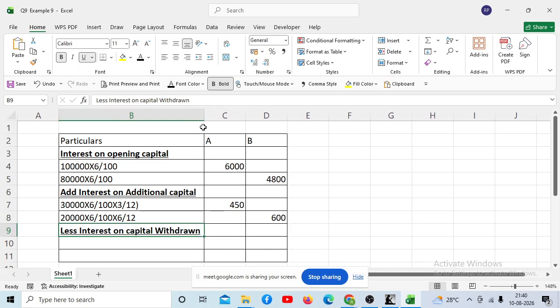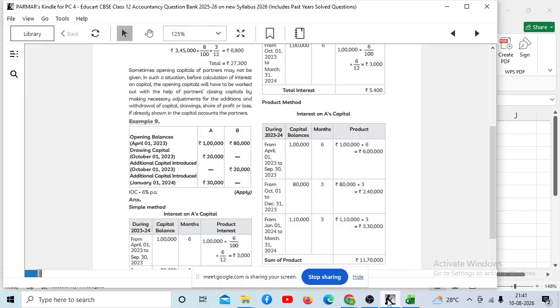So just give the heading first: less interest on capital withdrawn. Done. Okay, now let us check in the question what they are telling about withdrawn.